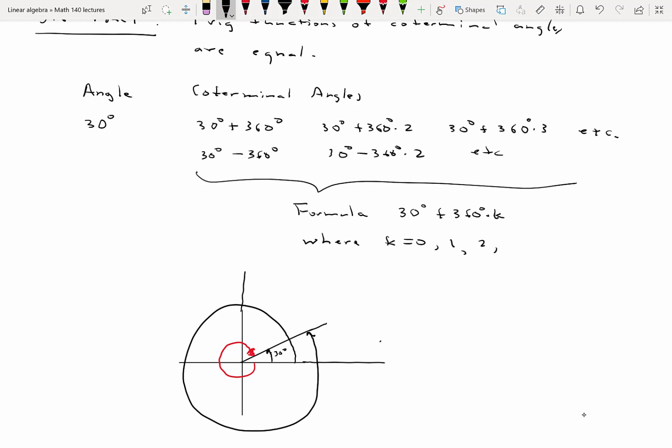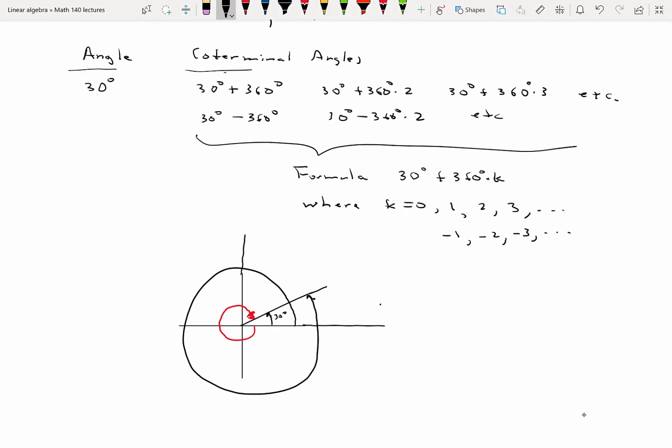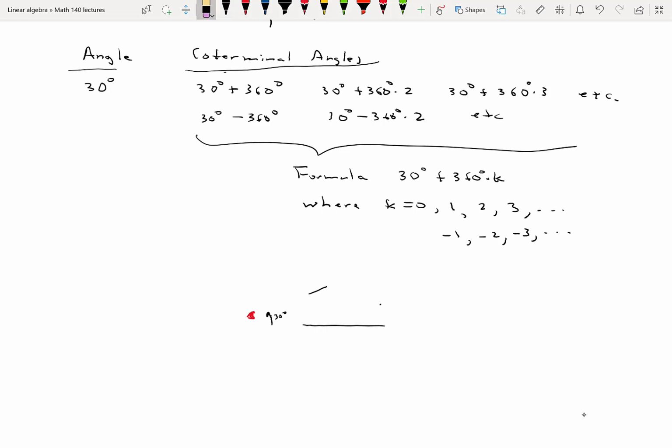Or two 360s, 360 times 2, or 360 times 3. Or negative 1, 360 times negative 1, which would be subtracting 360, negative 2, negative 3, etc. So when you write something like 30 plus 360k, you are writing a formula for every single coterminal angle with 30 degrees.